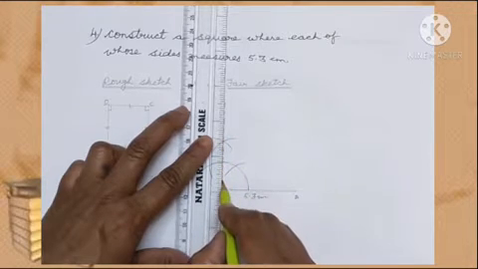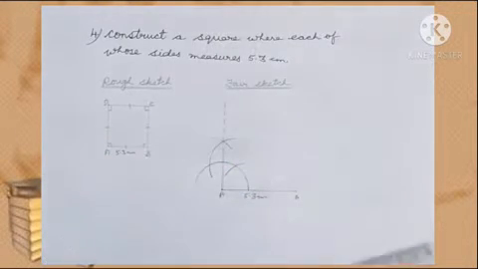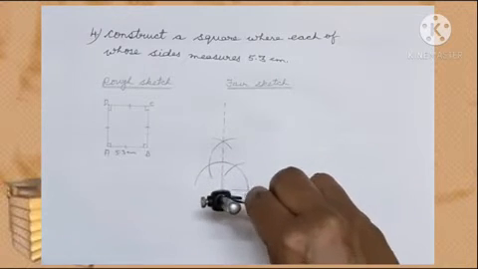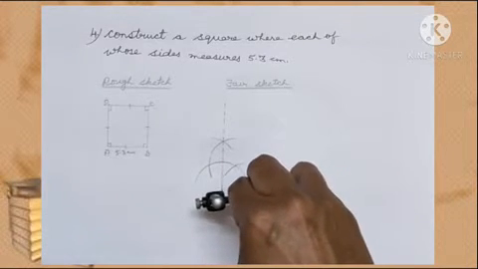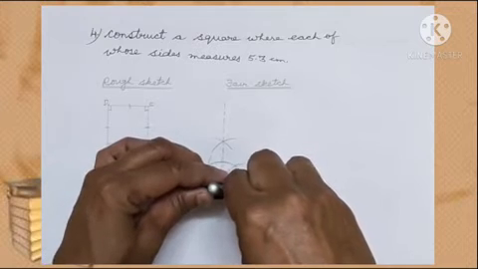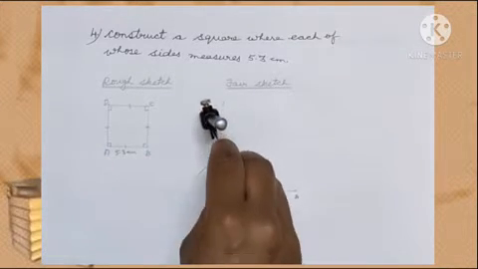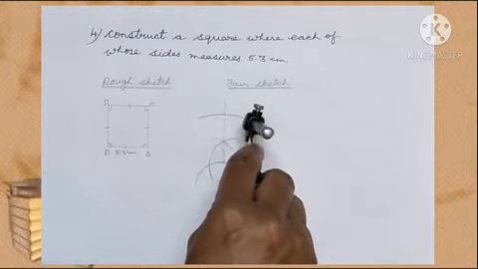and on point A we get a 90 degree angle, and in the compass we take the measurement of AB, 5.3 cm, and draw an arc from point A on the 90 degree side.